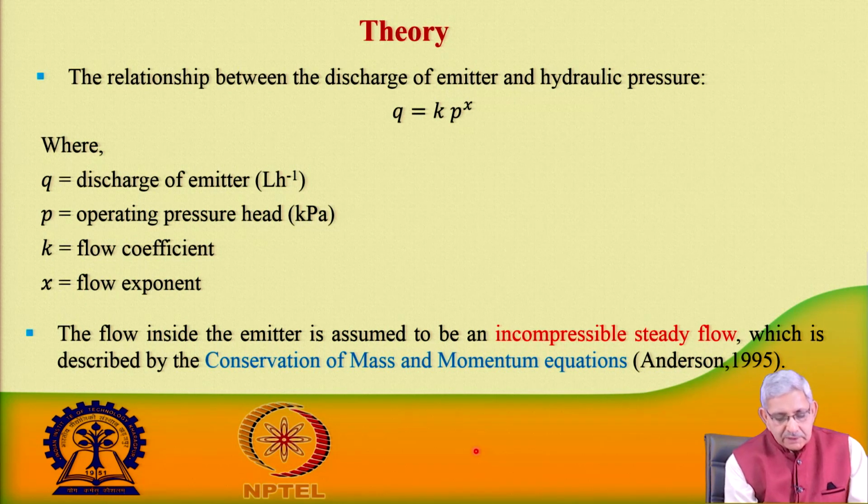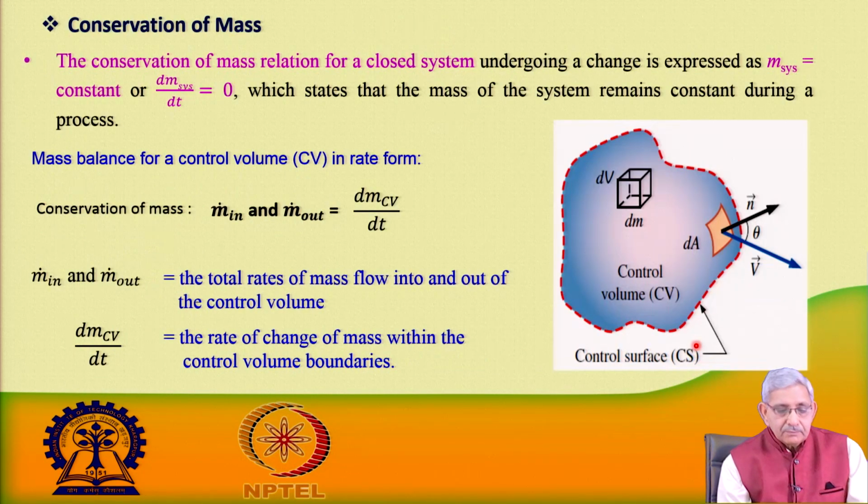Flow inside the dripper is considered an incompressible steady state flow, and that can be described by conservation of mass and momentum equations.